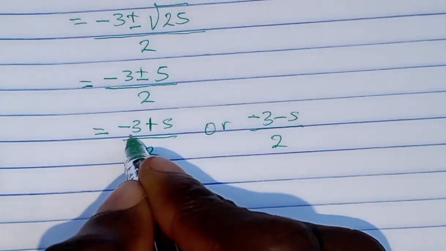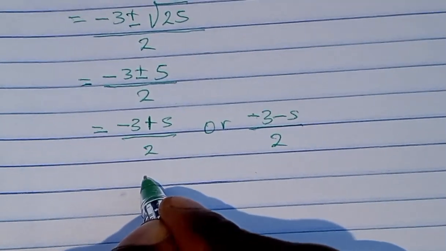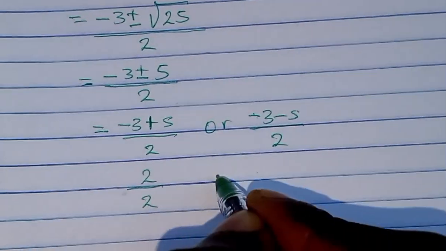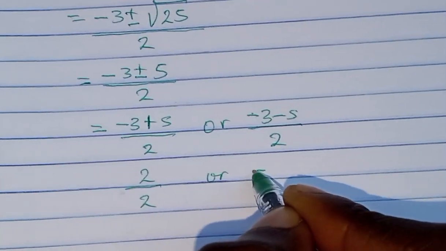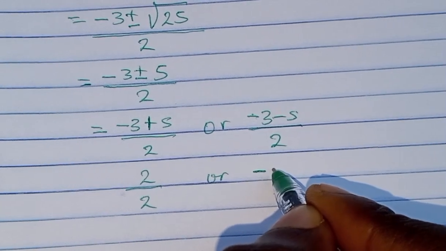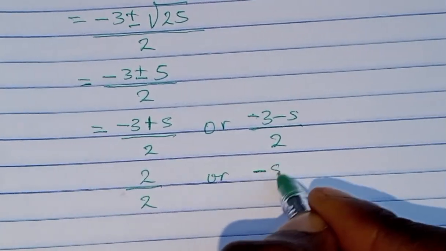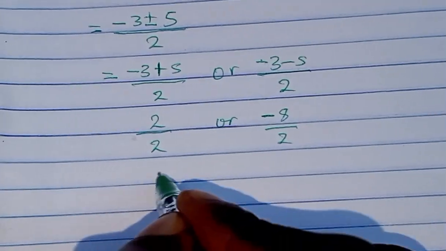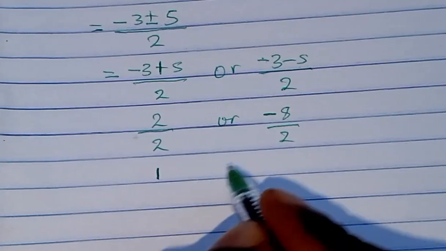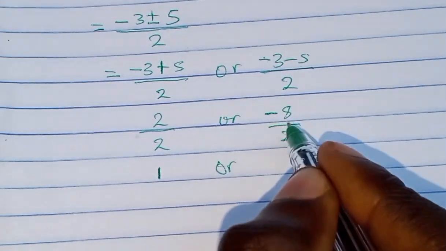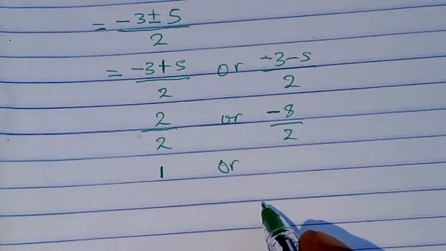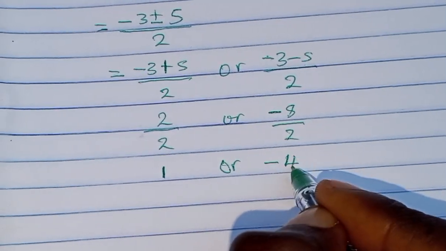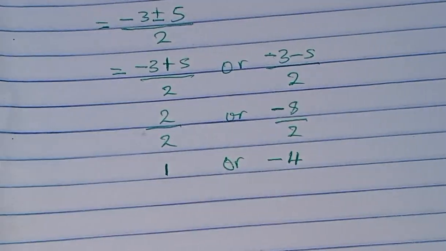So minus 3 plus 5 is going to give us 2 all over 2, or minus 3 minus 5 is going to give us minus 8 all over 2. 2 divided by 2 is going to give us 1, or minus 8 divided by 2 is going to give us minus 4.